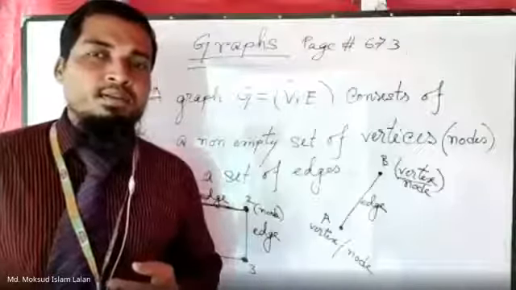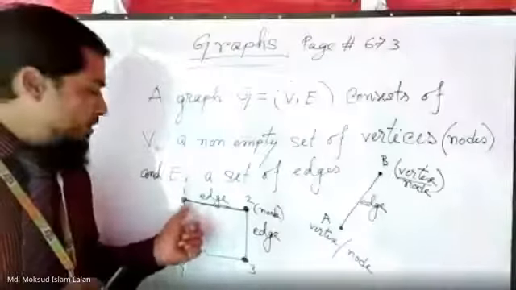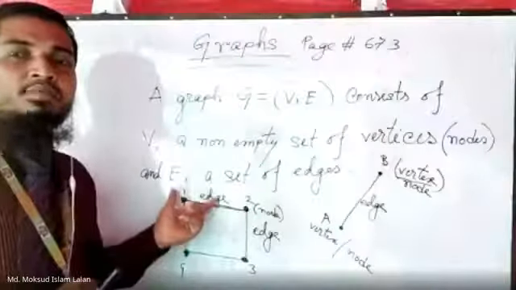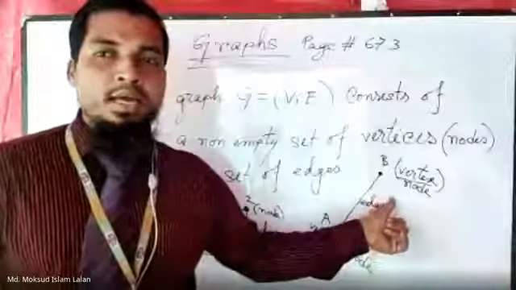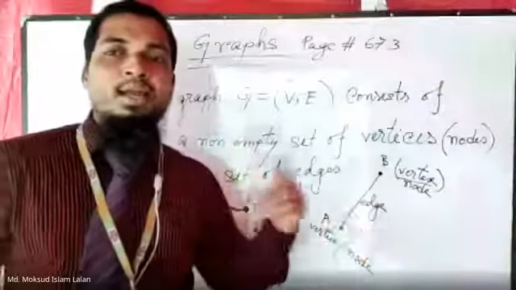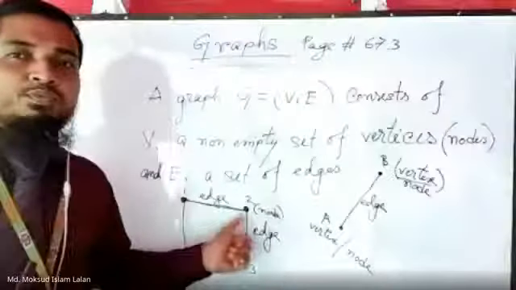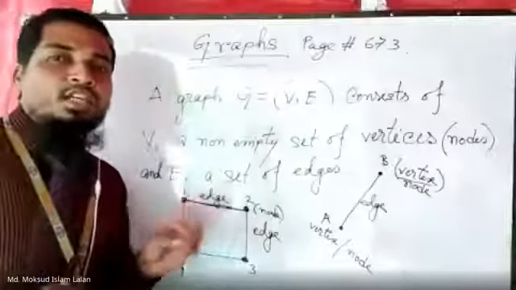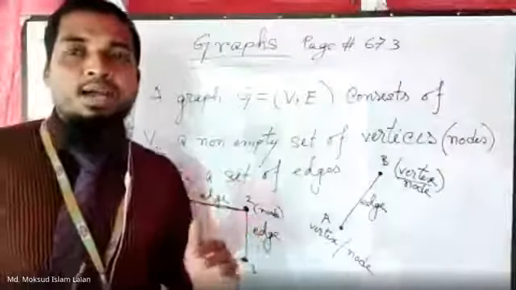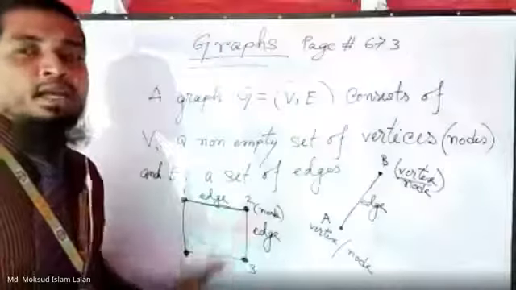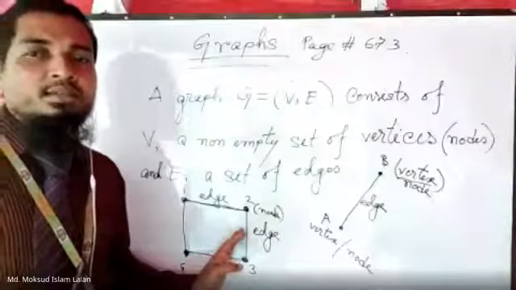But if you are able to count the vertices and edges, there are 4 vertices, 4 edges. There are 2 vertices, 1 edge, which is finite. With 4 vertices and 4 edges both finite, you can say this is a finite graph. Is it clear? Finite and infinite.